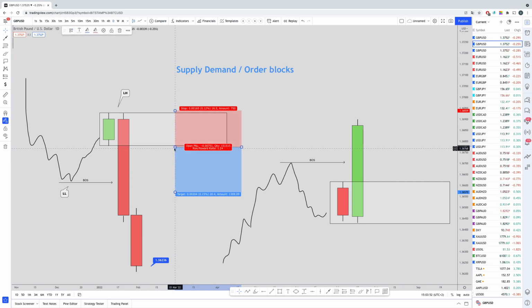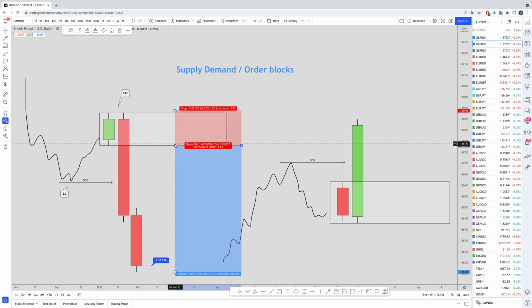It will depend on how the institutions act, because sometimes they have so much pressure within the market that they will just bring it from here all the way to the downside. So they already have too much liquidity within the market and are not interested in bringing the price that much. And then you put your target exactly over here. That's basically it. That's one option.